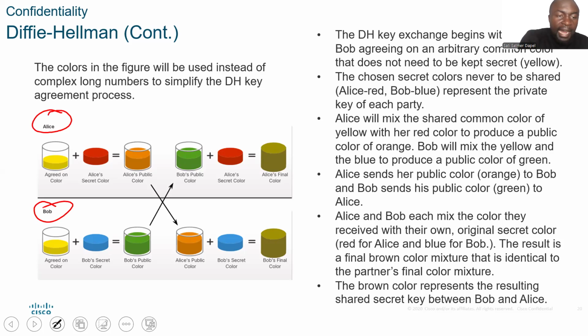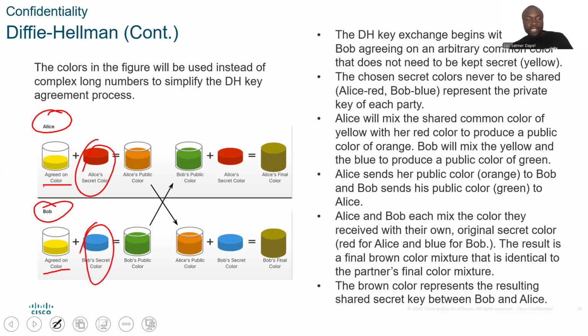You see, the agreed color is this yellow. So both the sender and the receiver know the agreed color. Then each one of them is mandated to have their own secret password. Alice has her secret password, Bob has his secret password.